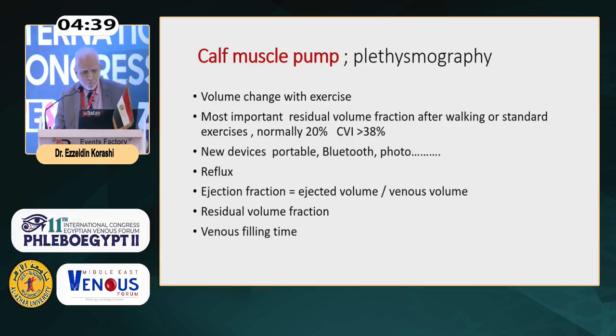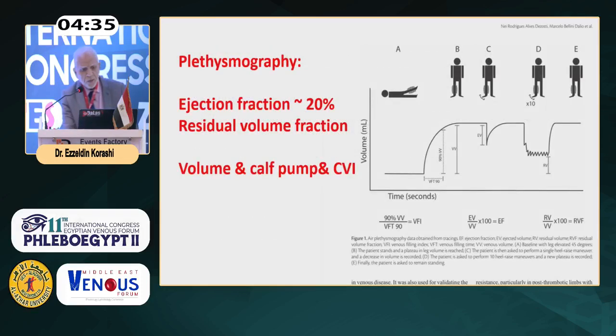They have an ejection fraction, and we'll see soon that these pumps have 20% ejection. 20% of the blood going inside the calf pump is ejected approximately towards the heart.